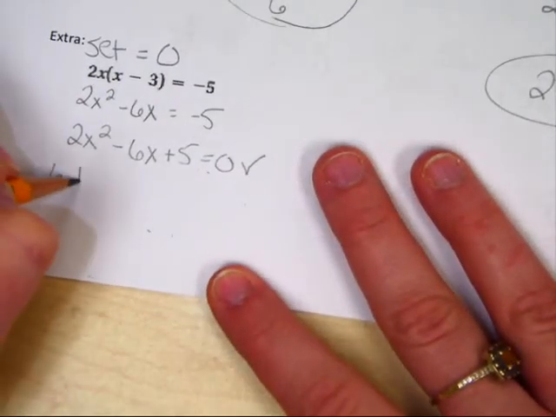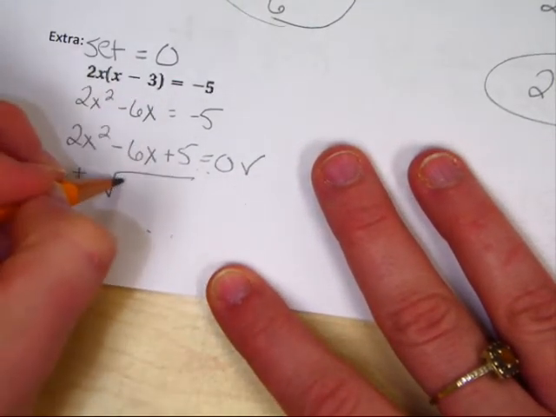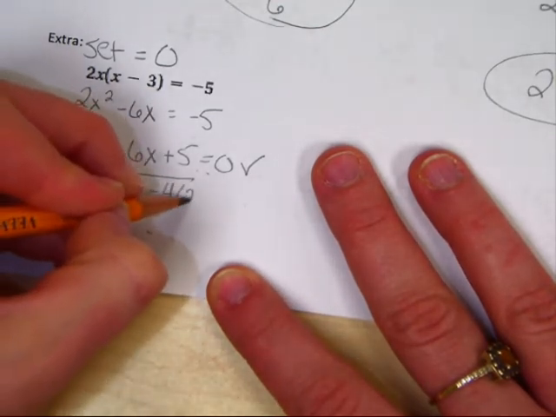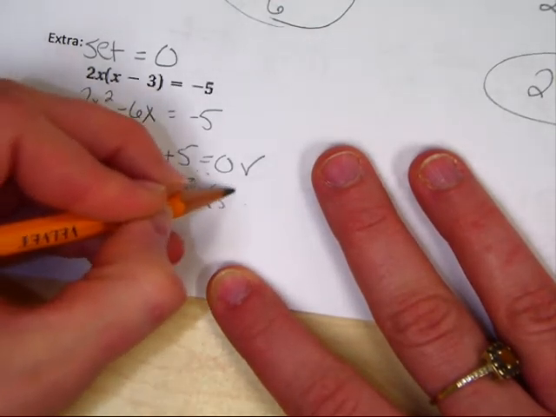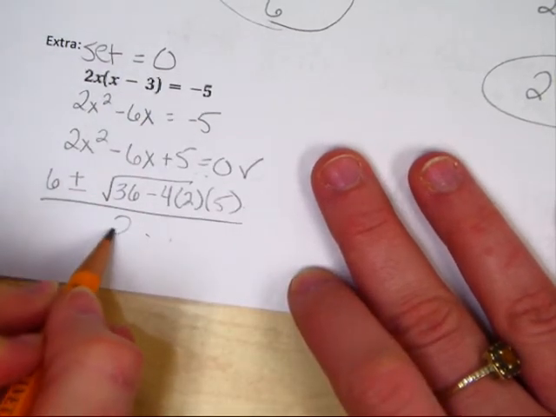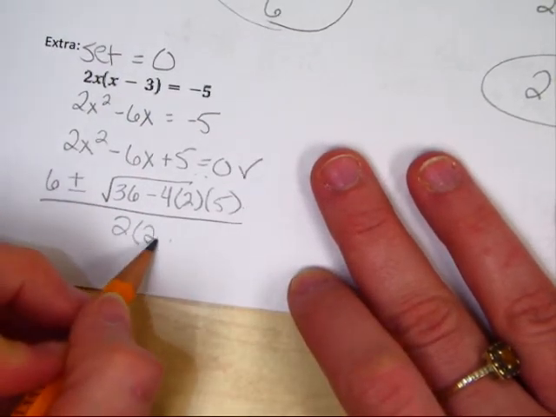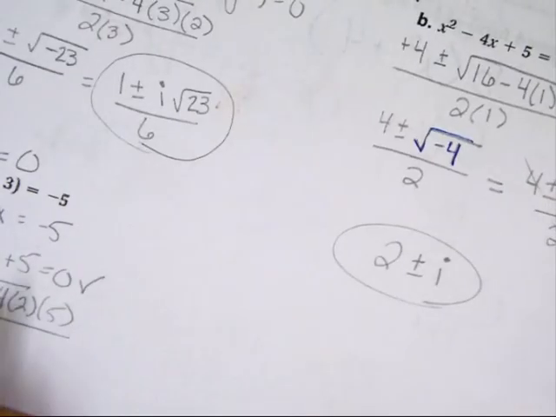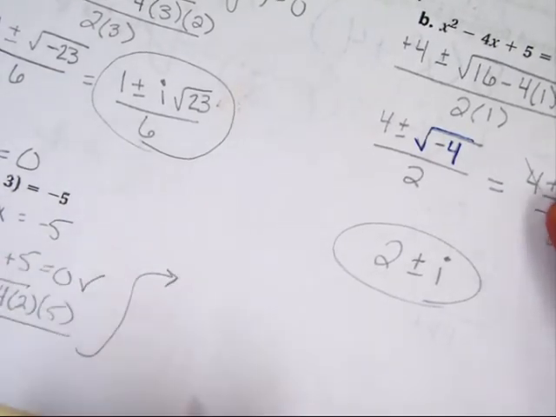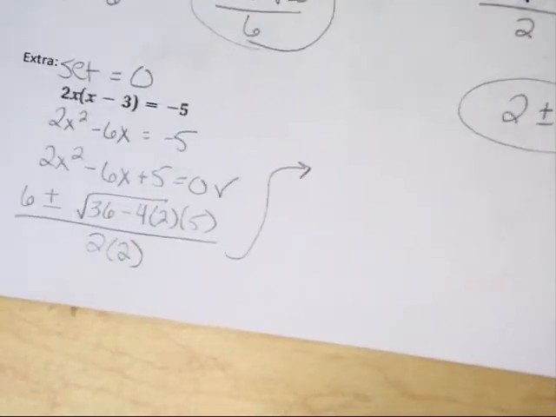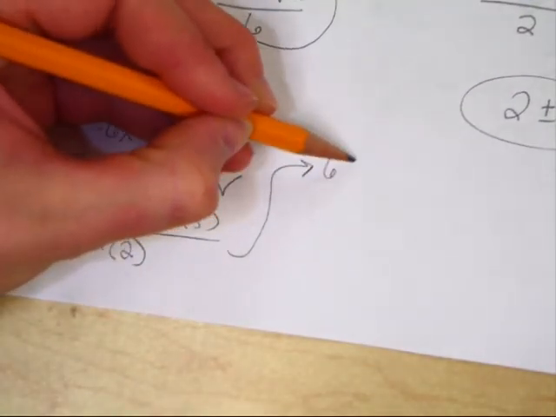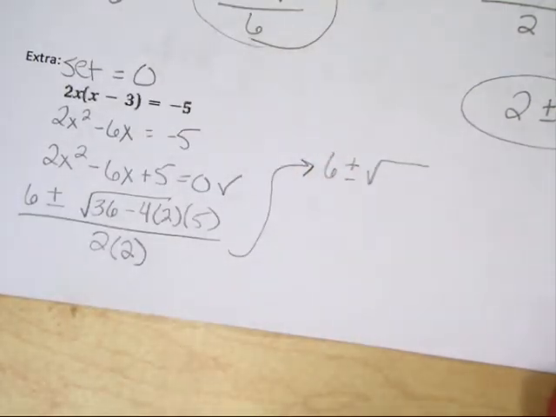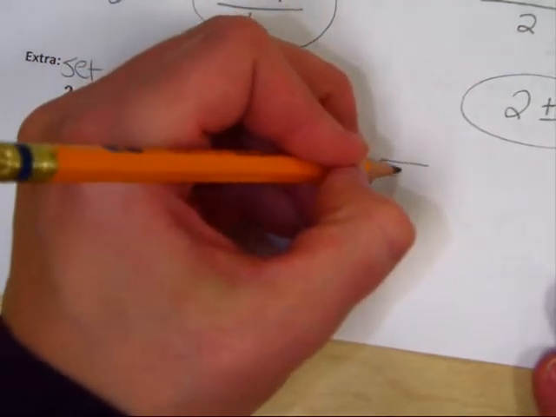Negative b plus or minus the square root of b squared, 36, minus 4 times a, which is 2, c, which is 5, all over 2a, which is 2 times 2. Let's carry this over. Follow the arrow. That's going to be 6 plus or minus the square root of all of that stuff in there becomes a minus 4.